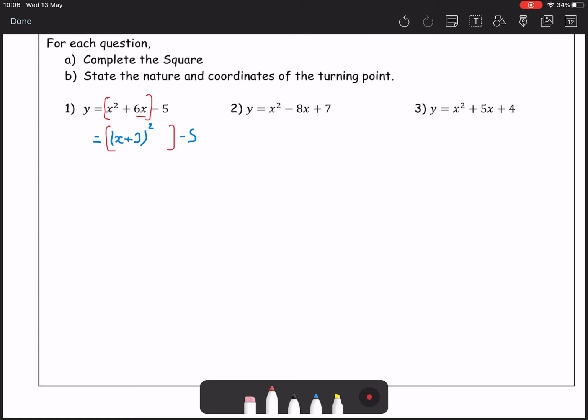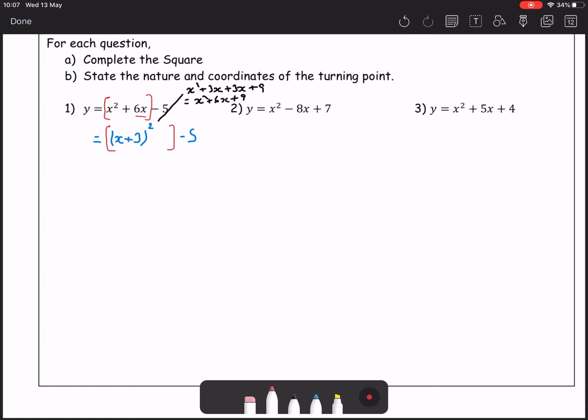What this gives us, if I multiply out my bracket x plus 3 squared, I will have x squared plus 3x plus 3x plus 9. Simplified, x squared plus 6x plus 9.